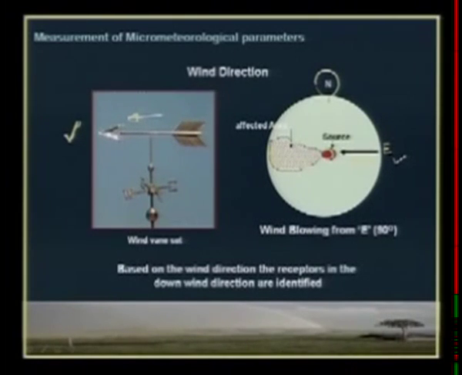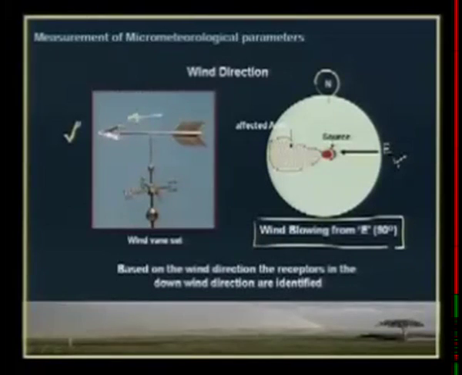What is important to understand here is the wind blowing from east, that is 90 degrees. I will explain the 90 degrees in a moment, but one concept that is important, and we will discuss this a little later also: the wind direction is the direction from which the wind is blowing. Sometimes people have an unusual or improper concept. They think the direction in which the wind is going is taken as the wind direction. That is not correct.